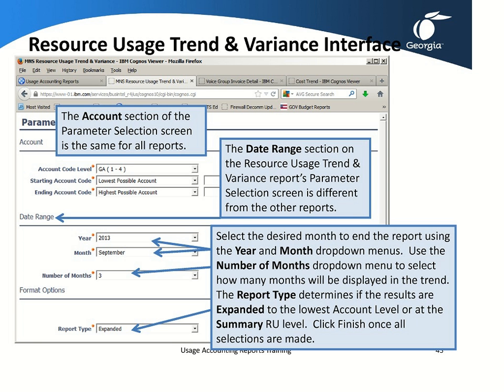You'll see that we have a year to choose from, a month to choose from, a number of months, and then your format options. I'm going to go through each one of these. Obviously, the year is the year that you're choosing, and then the month. You're selecting the month that will be the last month displayed in the trend. So in this case, if I choose September 2013, that is going to be the last month displayed in the trend.